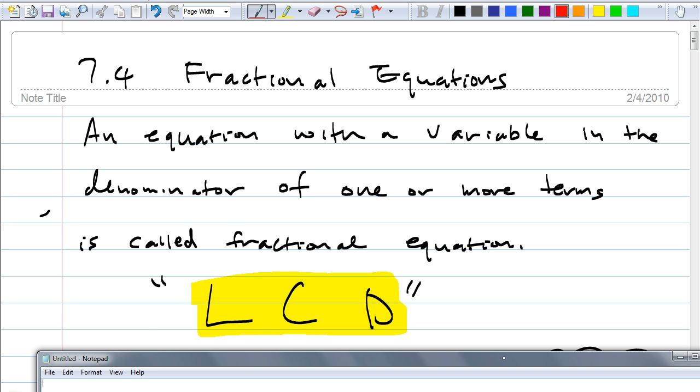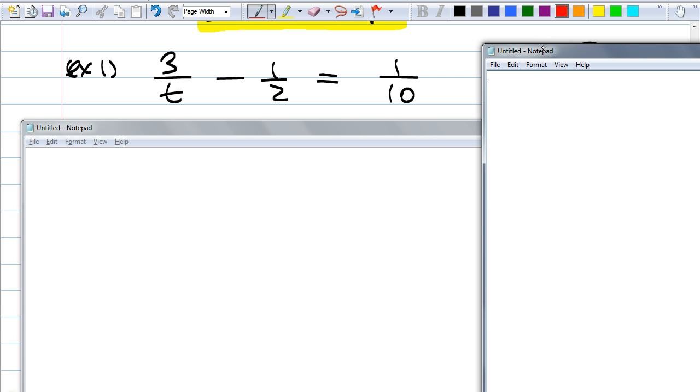Let's look at our first example then. Here, 3 over t minus 1 over 2 equals 1 over 10. As you can see, unlike last time, we have a variable, but it's nothing really to worry about. But as soon as you have a variable in the denominator, do you guys remember something called restrictions? We have to think about restrictions. What is the restriction for this one?